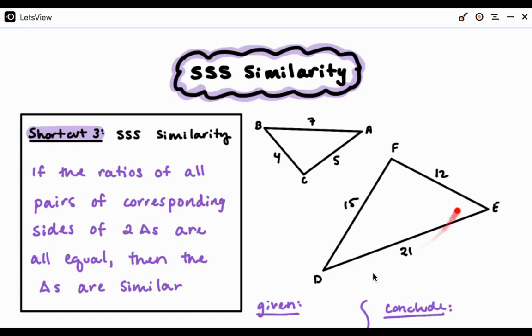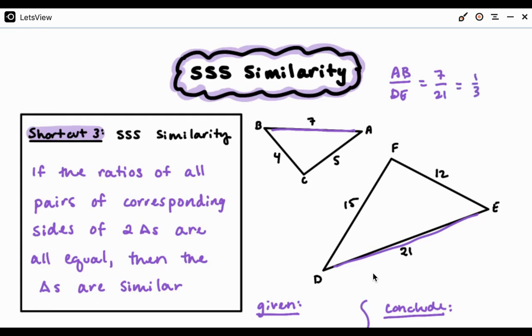So let's look at an example of that. We know all the sides of the little triangle, we know all the sides of the big triangle. Let's find a ratio. The side AB would correspond to the side DE. So AB over DE, that is 7 over 21, which is 1/3.